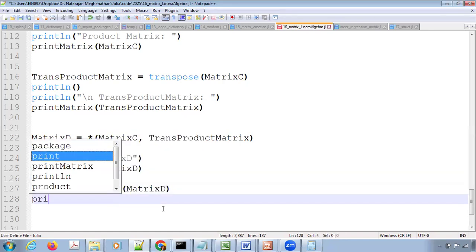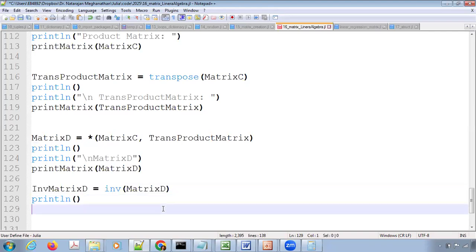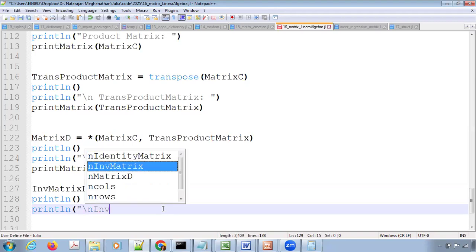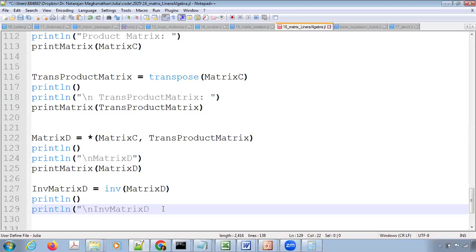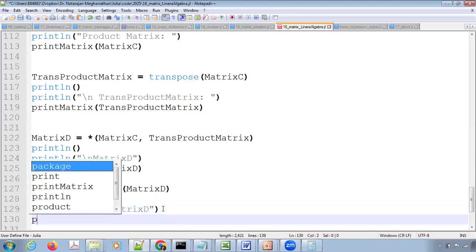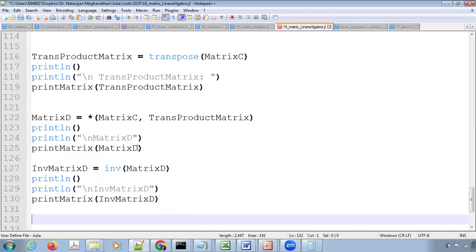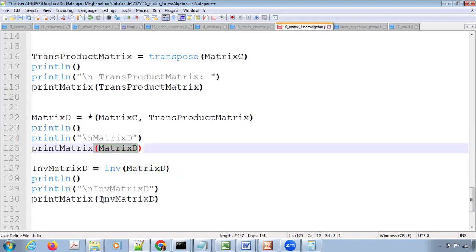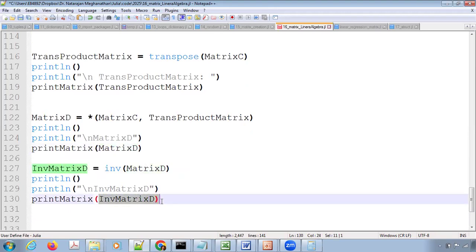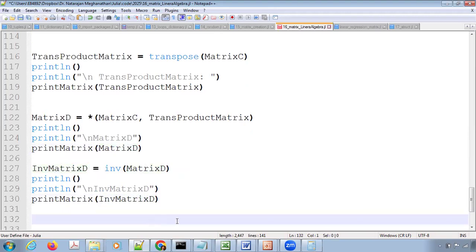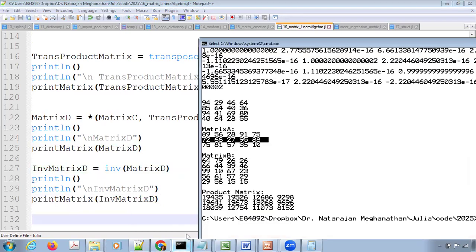And we can again print the inverse of matrix D, calling the print matrix function. And the product of this matrix D and its inverse is going to be an identity matrix. So I'm not doing that again. So let me start with this on the code and see.